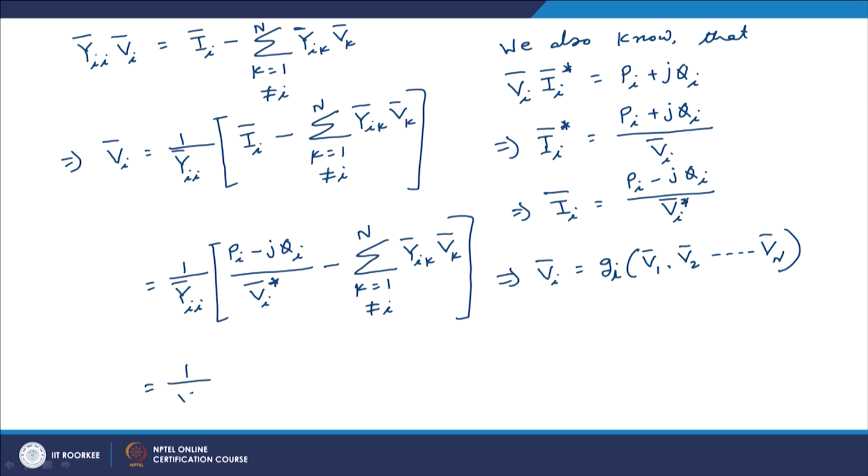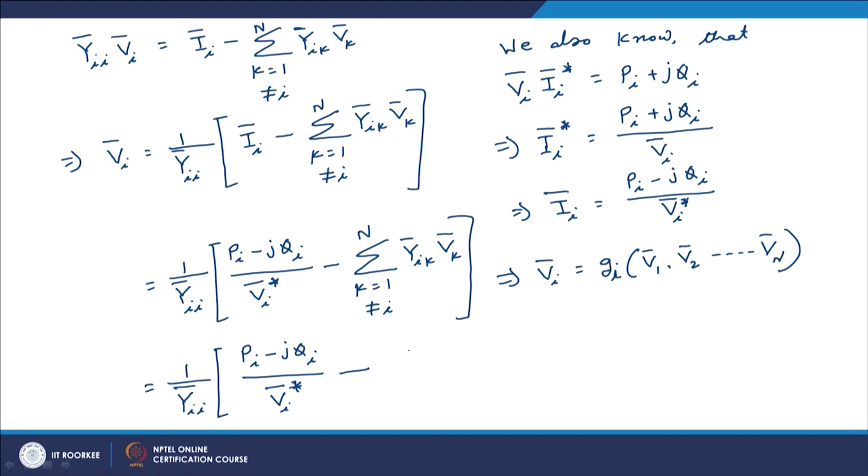Now, before we apply the basic Gauss Seidel numerical method, we need to do something more. When we write the expression of Vi, on the right hand side for this summation, the Vi term does not exist. So we can write it as 1 by Yii times (Pi minus jQi) by Vi star minus two parts.